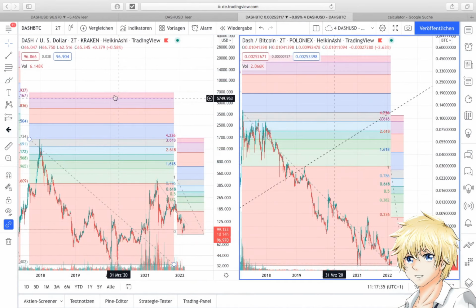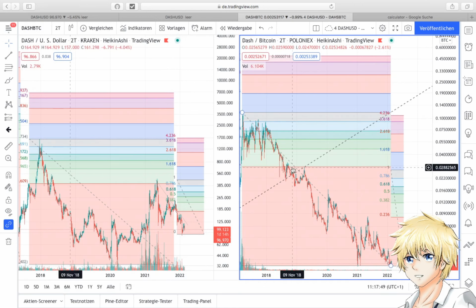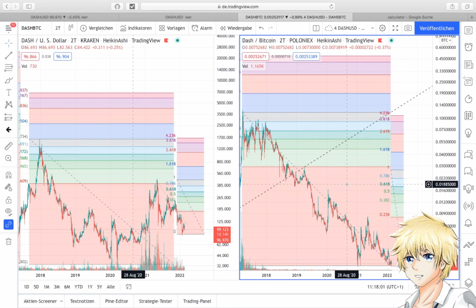Okay, so let's compare Dash against dollar and Dash against Bitcoin. So Dash dollar, just based on fib levels, we figured out a realistic target is $1,700 here. And Dash BTC, also just based on fib levels and past behavior of the same chart, we figured out a first realistic target is 0.03 Bitcoin. Now, let's summarize this whole strategy here.